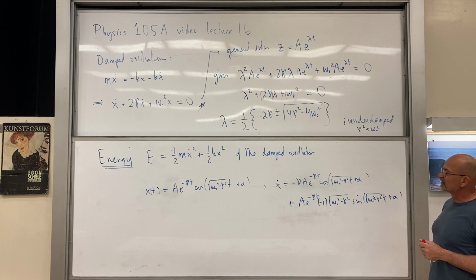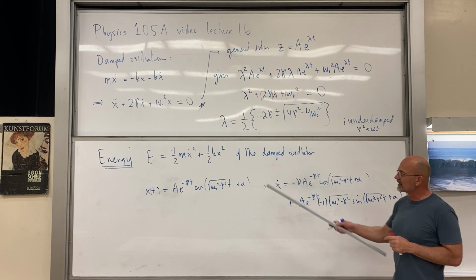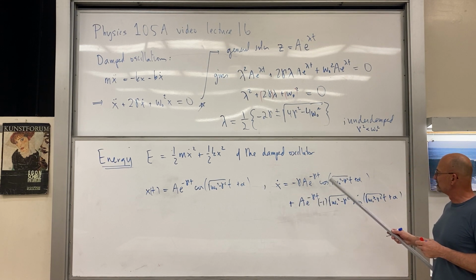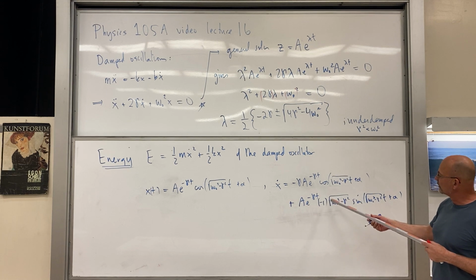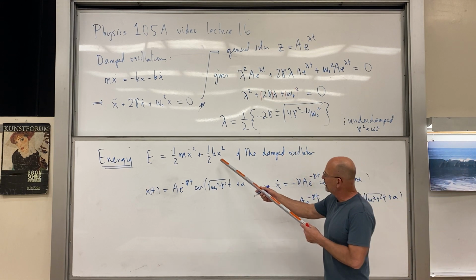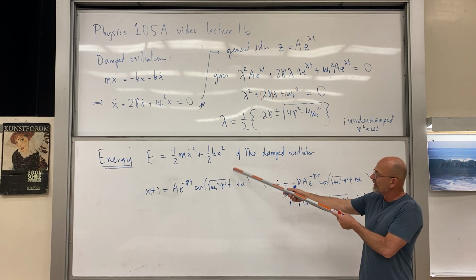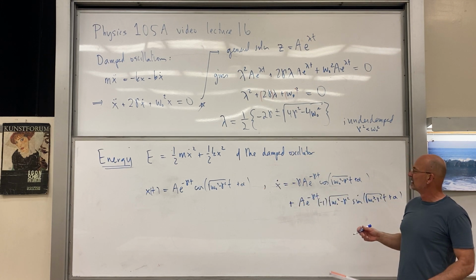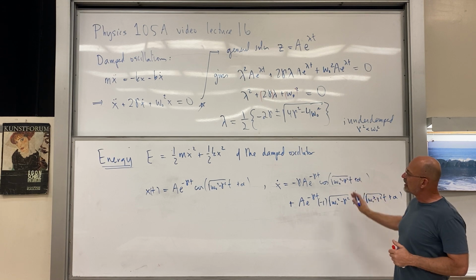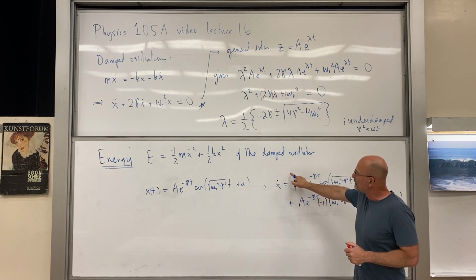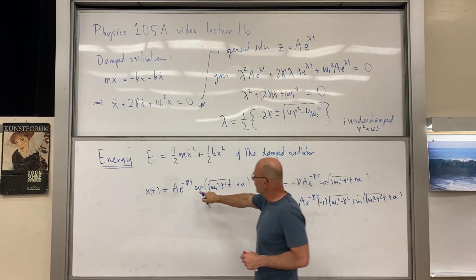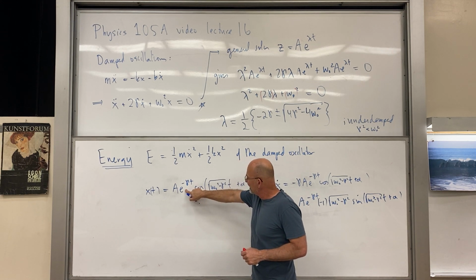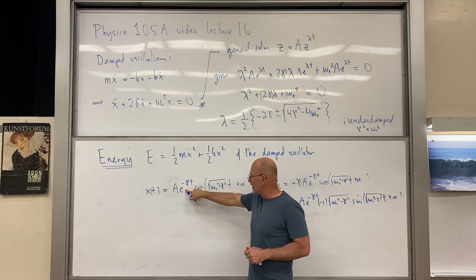Now whoever wants to square this thing and plug it all in can. Of course, in the limit as gamma goes to 0, we will end up with a constant energy. But the point is, if we were to square this thing, plug it in here, get the original x, square it, we're going to get something complicated. But what I will do is start squaring it, because what we can easily do is just deal with this first.